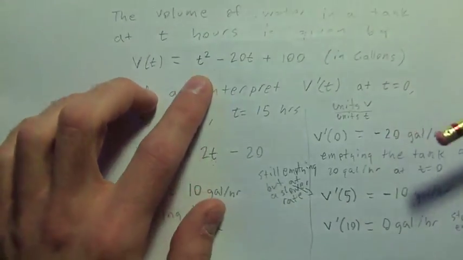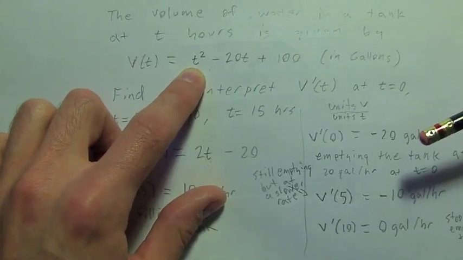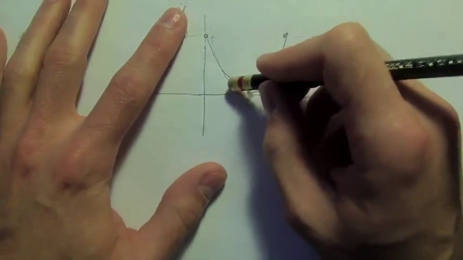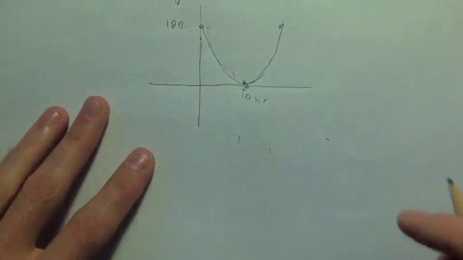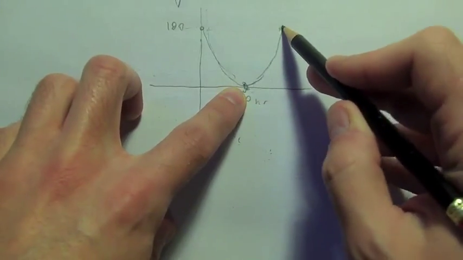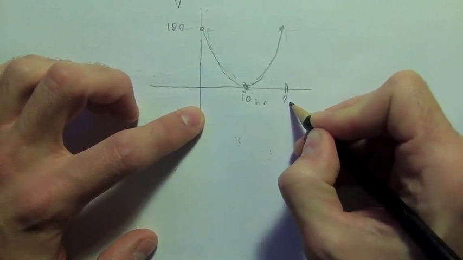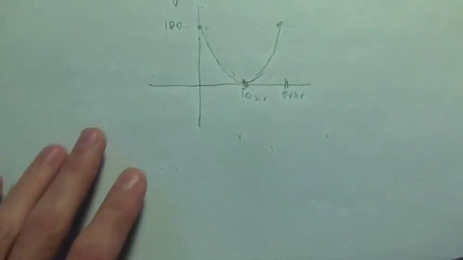If you go back to the formula and put in 10, you get 100 plus 100 minus 200. That's 0. That's when the tank is empty, so that's why we had to stop emptying it. There's nothing left. And right at that point, we start filling the tank back up again until we hit the 20-hour mark. We will be back up to 100 gallons again.